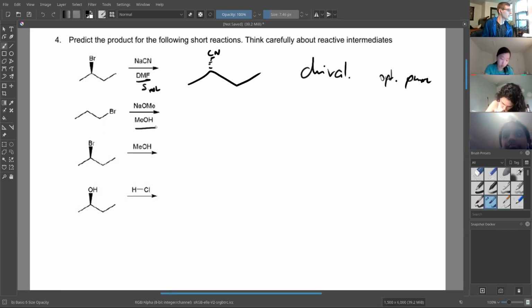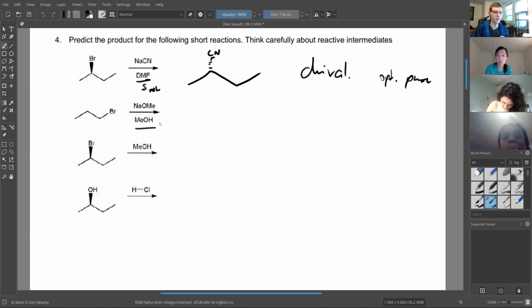Here's another. NaO-methyl, and it's in methanol. So what is going on with this reaction? I think it's an SN1 reaction because it's in that polar protic solution. In terms of the NaO-methyl, that'll dissociate, leaving a negative charge.